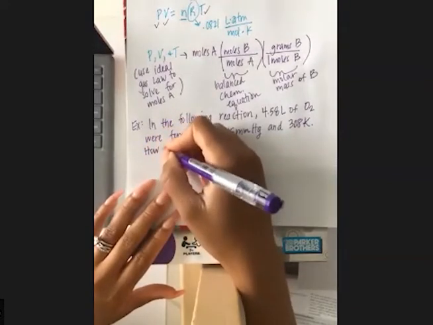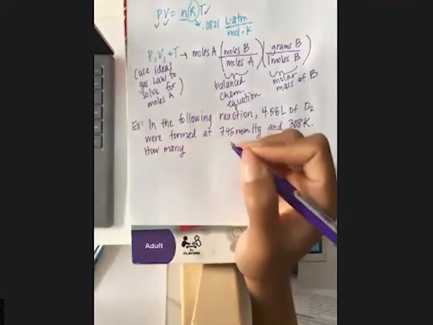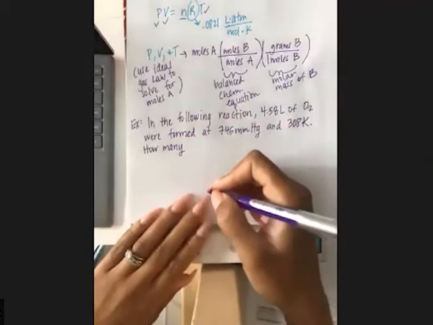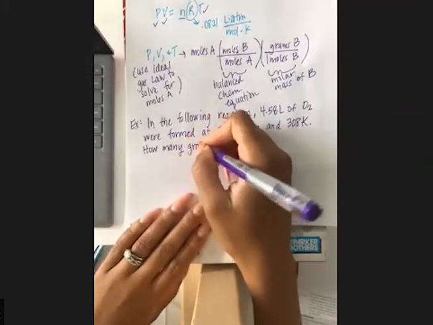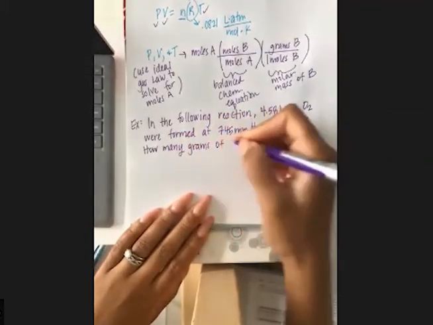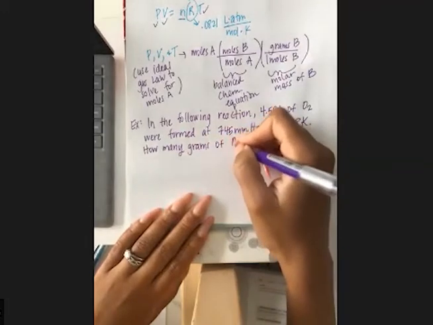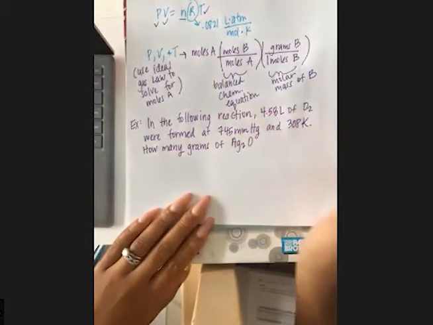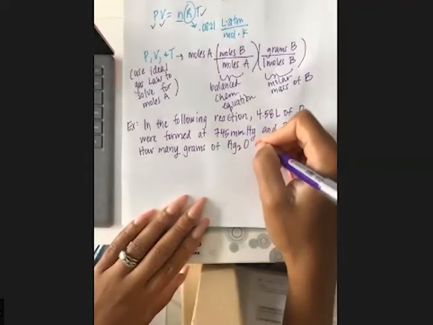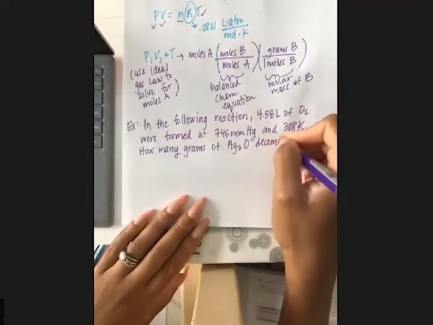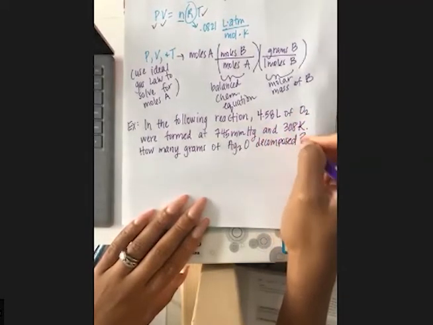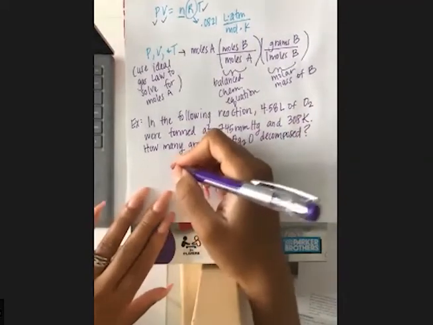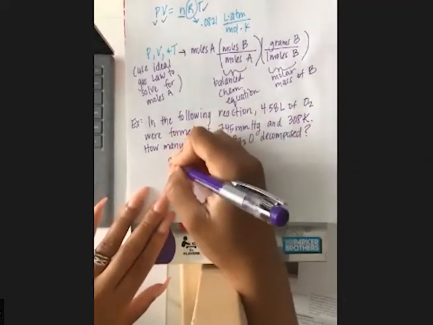How many grams of silver oxide does the reaction say?